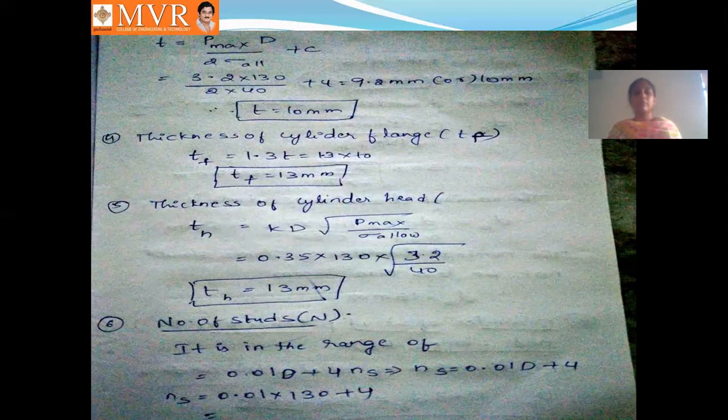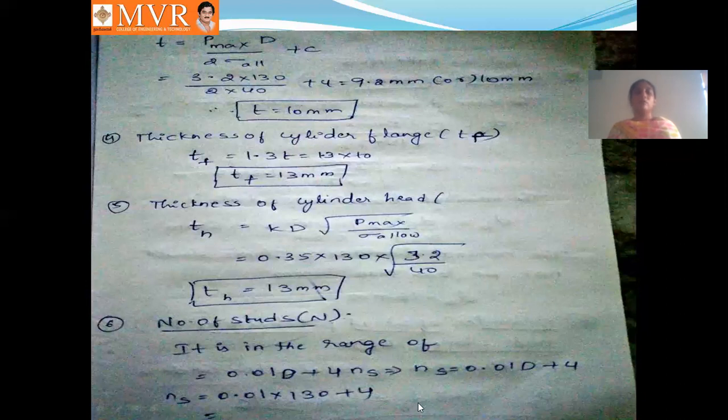K we have taken as 0.35, into D 130, into maximum pressure 3.2, allowable stress 40. Substitute all the values, you will get the thickness of cylinder head, TH is equal to 13 mm.